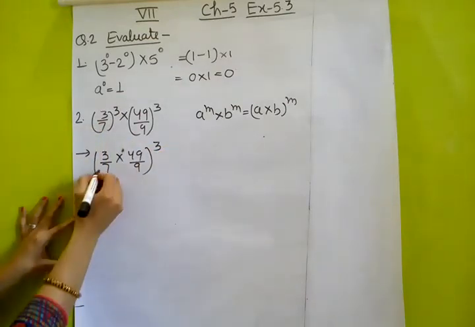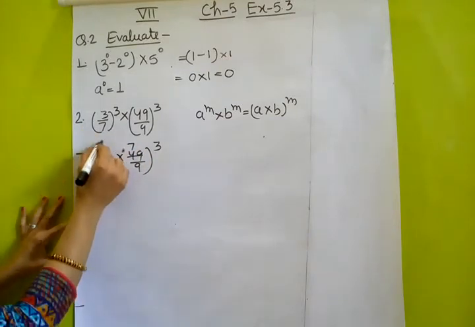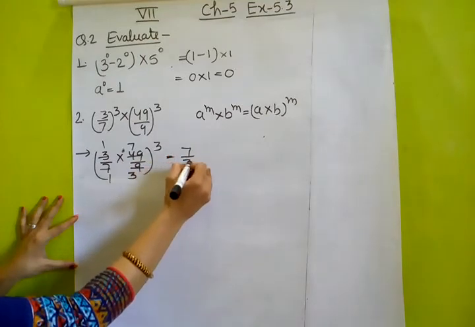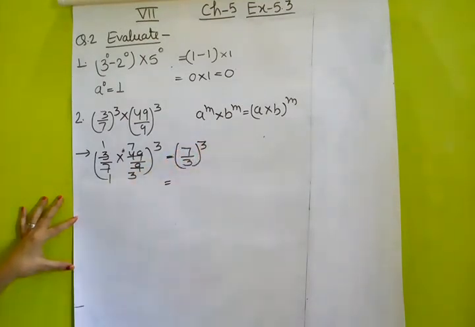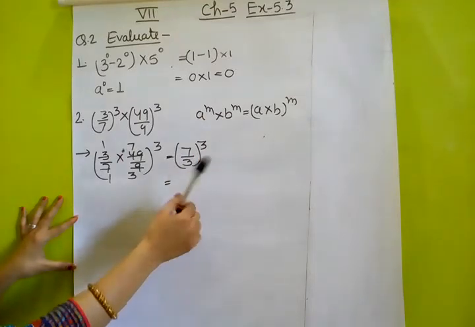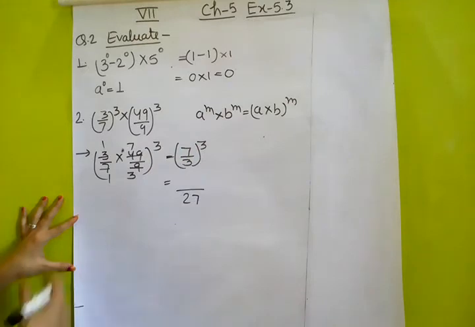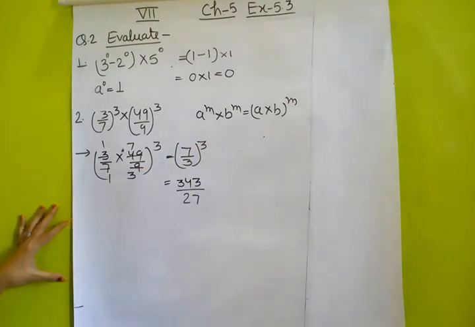Now you can use cutting method. 7 ones are 7, 7 sevens are 49, 3 ones are 3, and 3 threes are 9. Now students, 7 upon 3 power 3, and students, power 3 you can solve. 3 threes are 9, 9 threes are 27, 7 sevens are 49, and 49 sevens are 343. This is your answer, student.